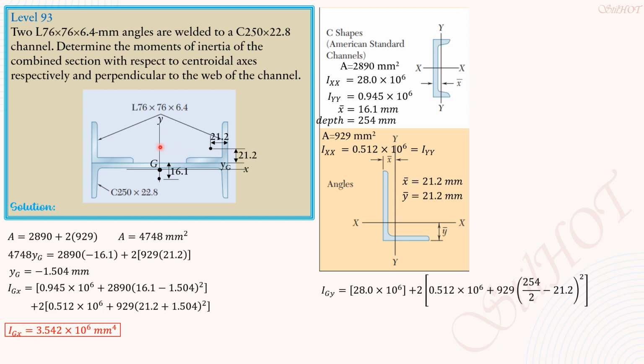So again, this distance is half the depth of the channel, 254 over 2 minus 21.2. Computing, IGY equals 49.82 times 10 to the 6 mm to the 4th.